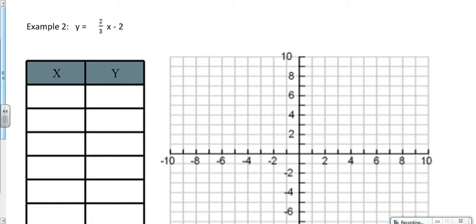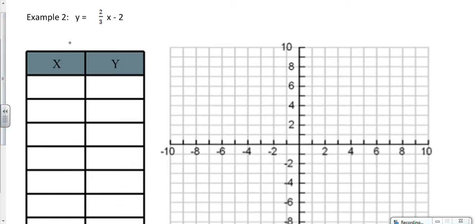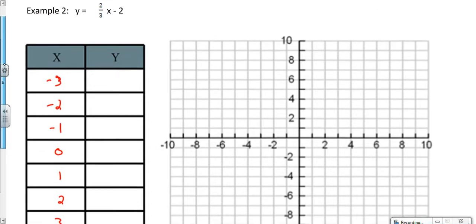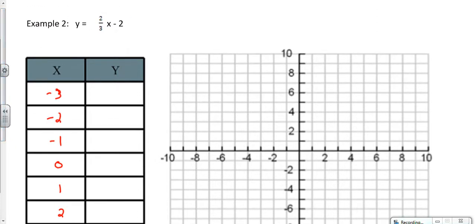If we take a look at this one, same scenario, but we have a fraction in the equation, so it's a little bit more involved. Again, if I were to plug in both negatives and positives in order, I would go negative 3, negative 2, negative 1, 0, 1, 2, 3. If I plug in a negative 3, I would have to multiply 2/3 times negative 3.